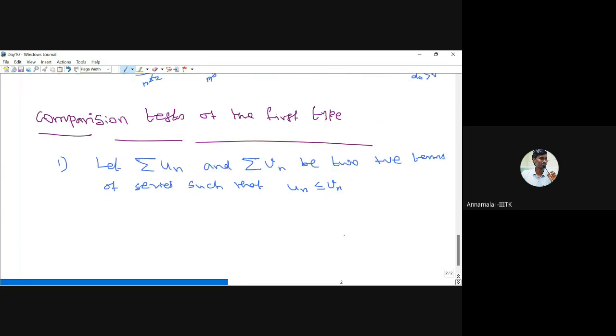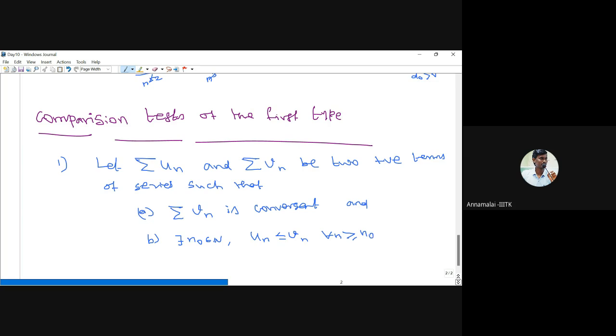Suppose summation vn is convergent, is given. And after a certain stage, that is, there is some stage n naught in N such that un is always less than or equal to vn for every n after this stage.